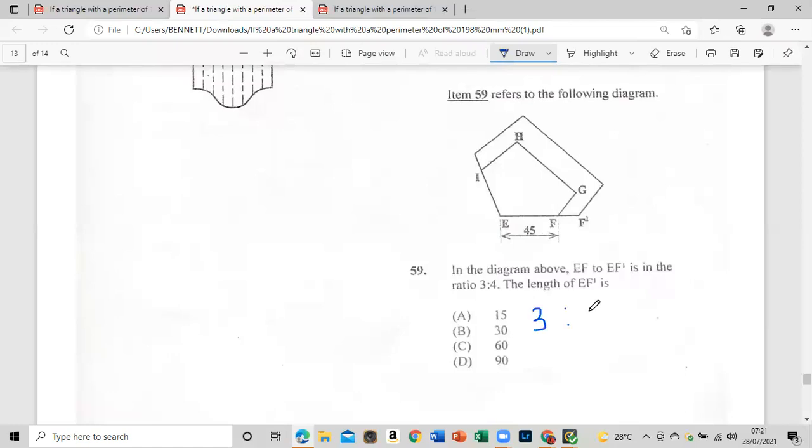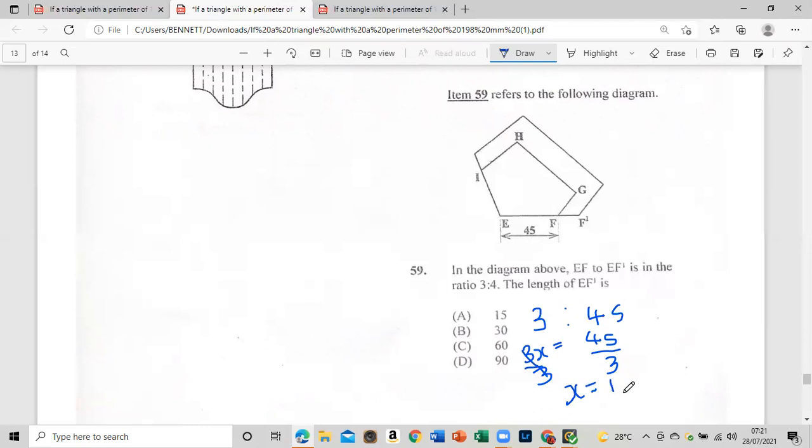represents 45. So all we have to do is find out what 1 represents. So 1, we could just put in an x to make it look interesting. So 3x is equal to 45. So we divide by 3. So therefore, one of them is represented by 15.